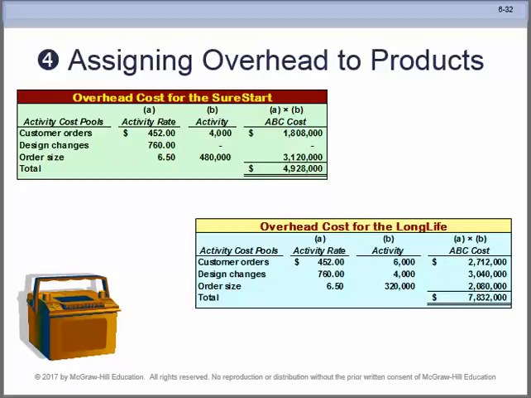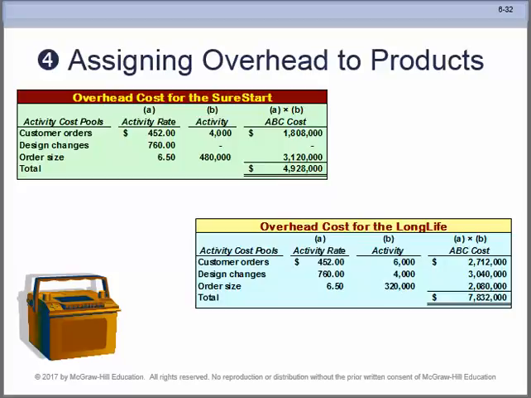The customer orders activity gives us $4,000 of activity costs, and the order size also affects the overhead costs. So the total overhead cost here for the Sure Start battery is $4,928,000.